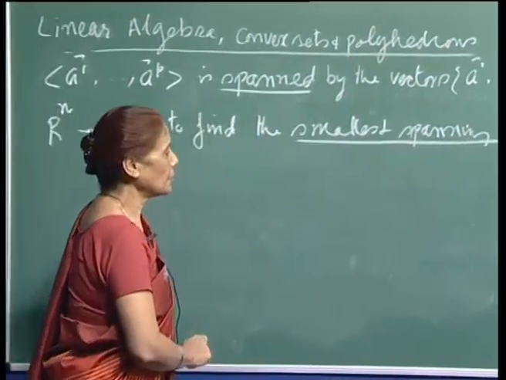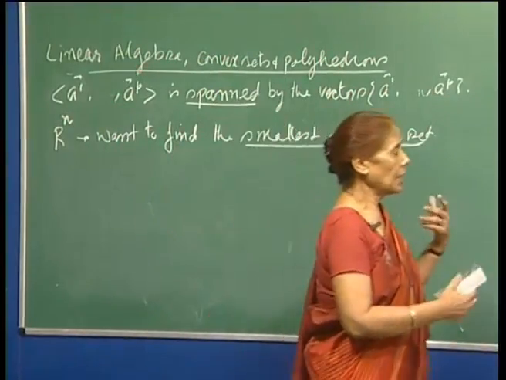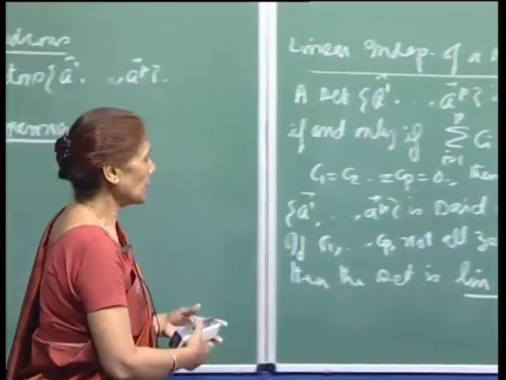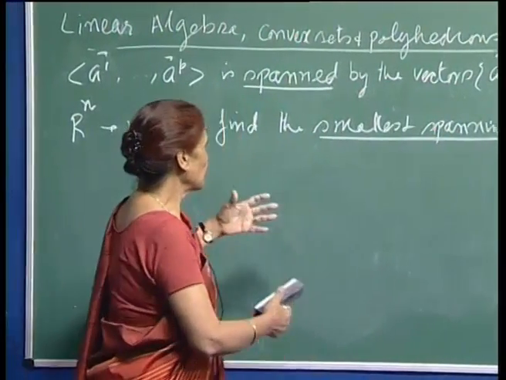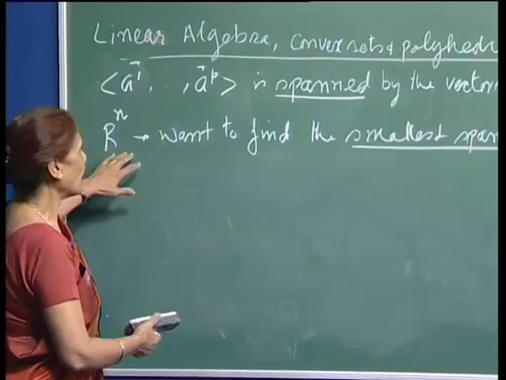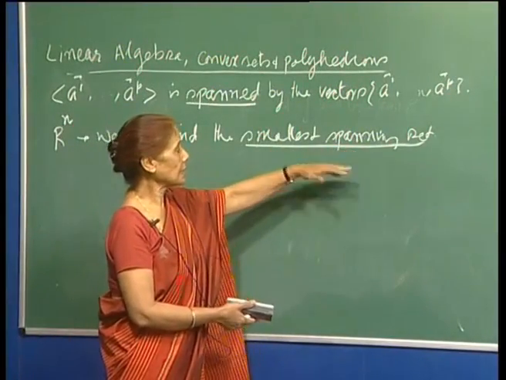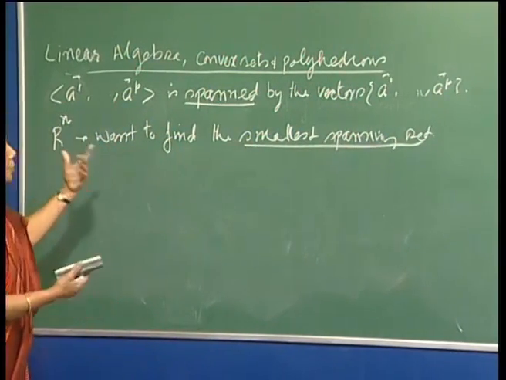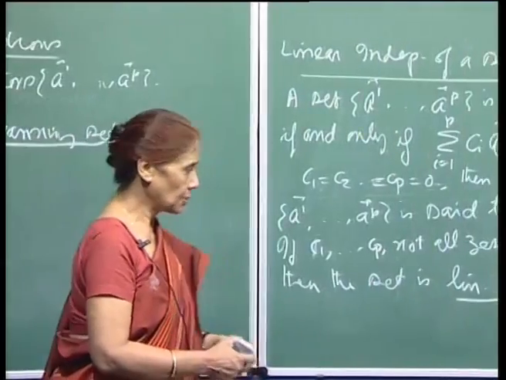So for Rn we want to find, because it will be very convenient when I want to refer to Rn, I do not have to keep saying the collection of all possible n tuples. So I would like to have a nice representation for Rn through a spanning set, because once I know the spanning set, it is going to be a finite set, and then any vector in Rn can be obtained as a linear combination of this spanning set. So this is the idea.